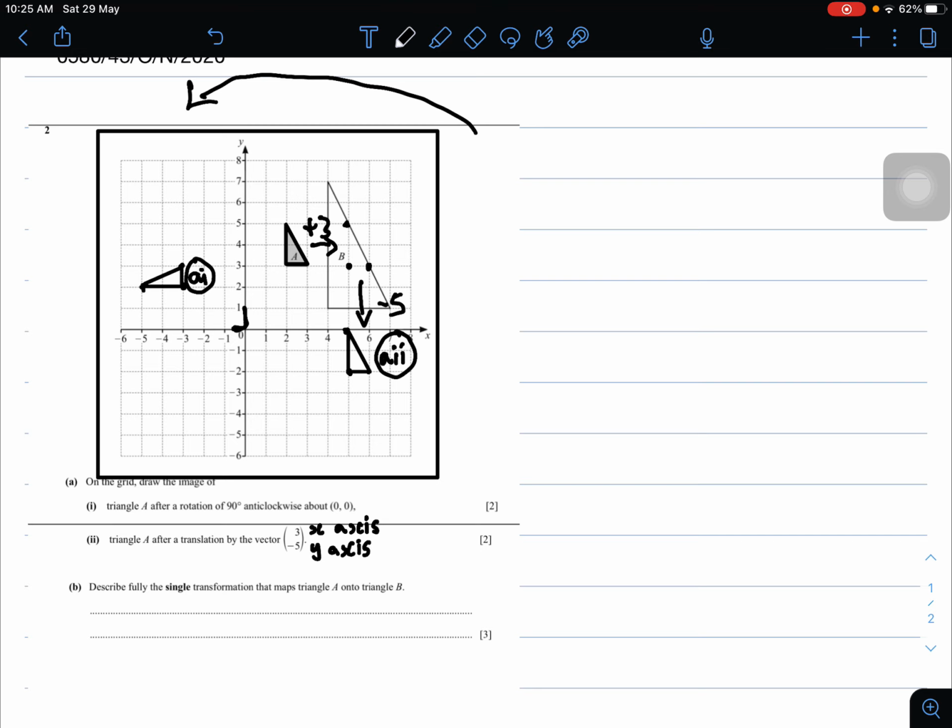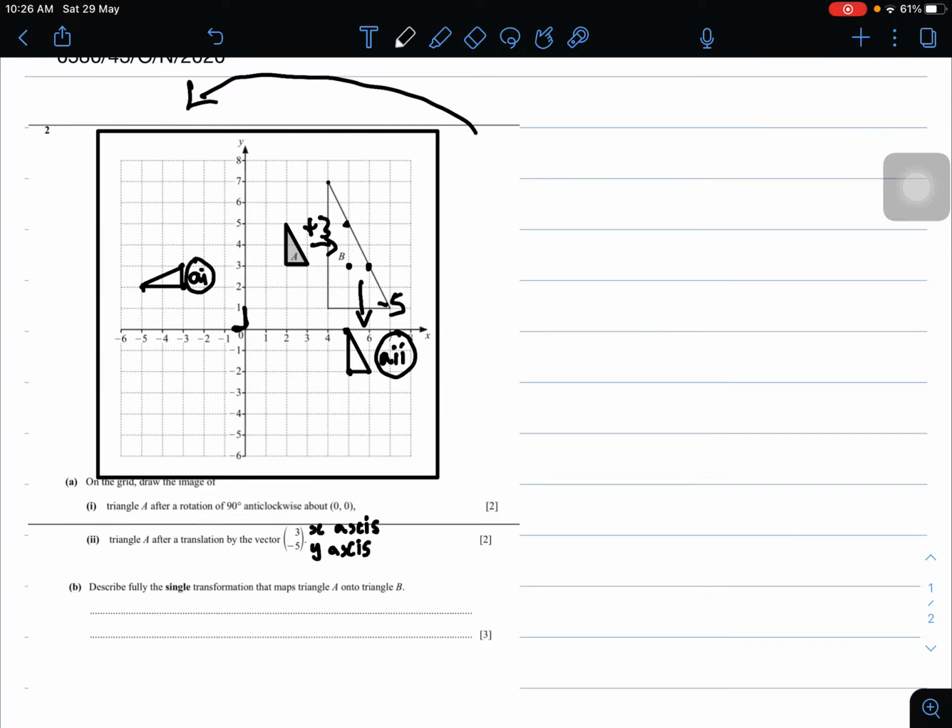Okay, now let's move on to part B. Describe fully the single transformation that maps triangle A onto triangle B. So all you do here is you connect the points.